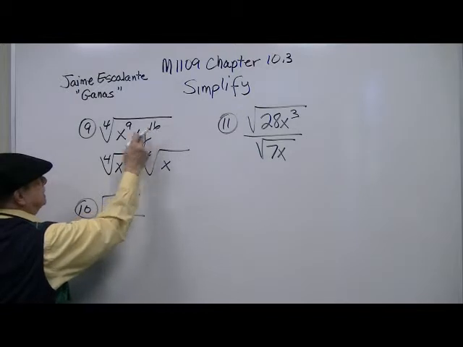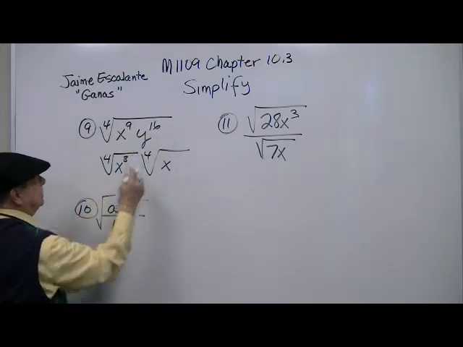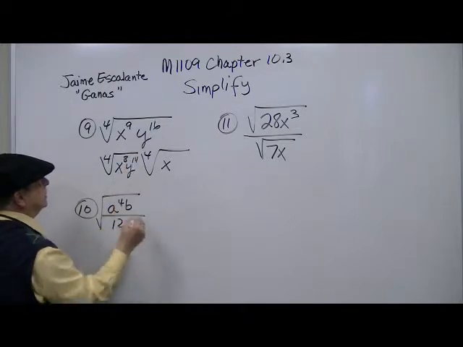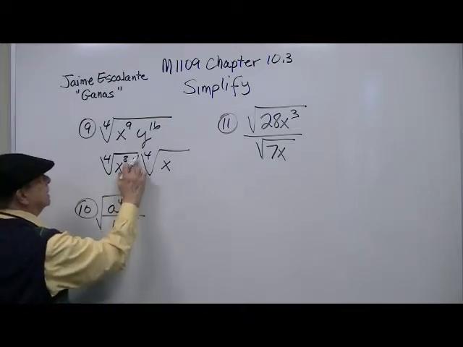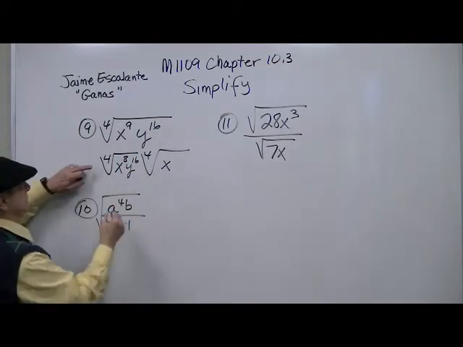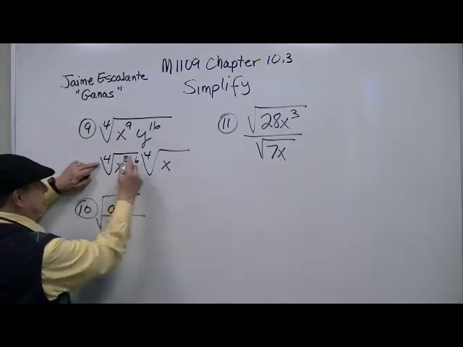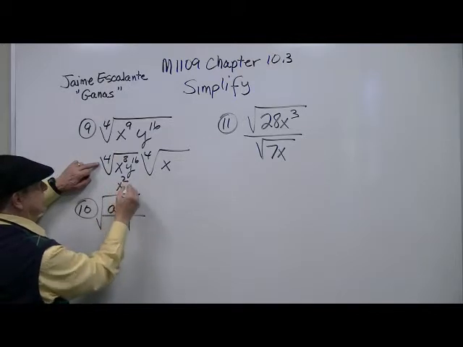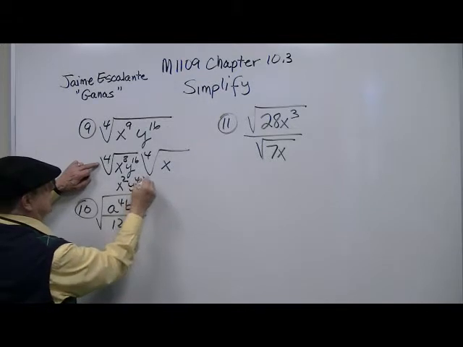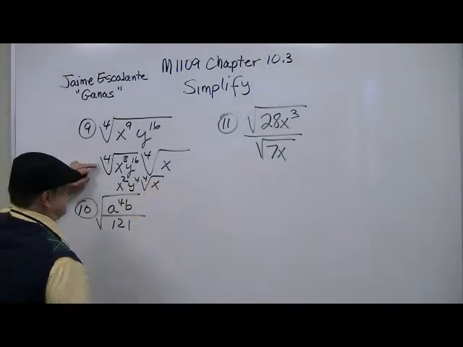And then y to the 16th, since it's a multiple of 4, is a perfect fourth. So this then becomes, we take away the radical sign, x to the second, y to the fourth, root of x.